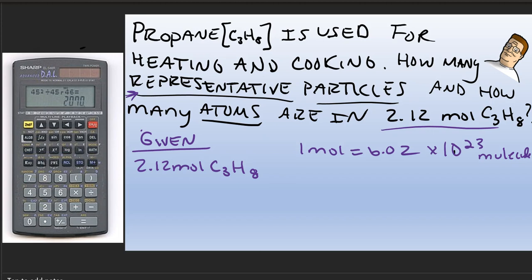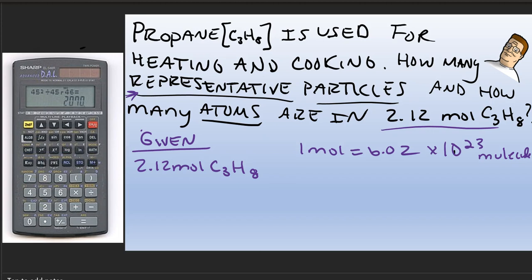So now our conversion factor could either be 1 mole of propane over 6.02 times 10 to the 23rd, or 6.02 times 10 to the 23rd molecules of propane over 1 mole. We set this up based on what our unknown is, what we're trying to get.